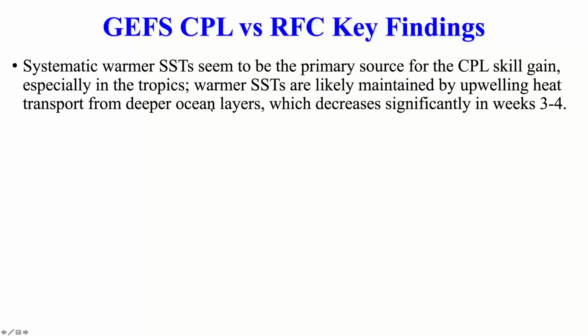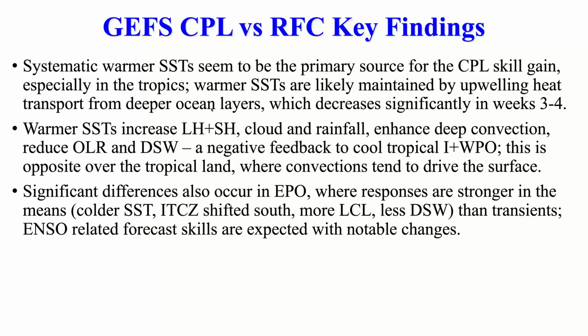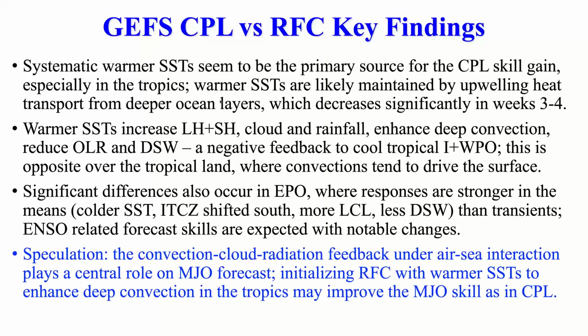So with that, our main findings, please just click all these. So here. The first is that the systematic warmer SSTs seem to be primarily the source for CPL scale gain, especially in the tropics. Warmer SSTs are likely maintained by upwelling heat transport from deeper ocean layers, which decreases significantly in week 3 and 4.